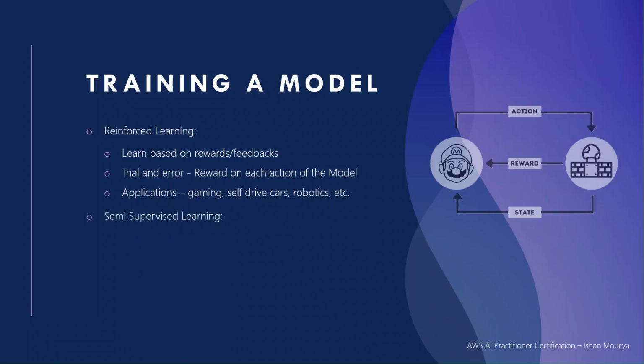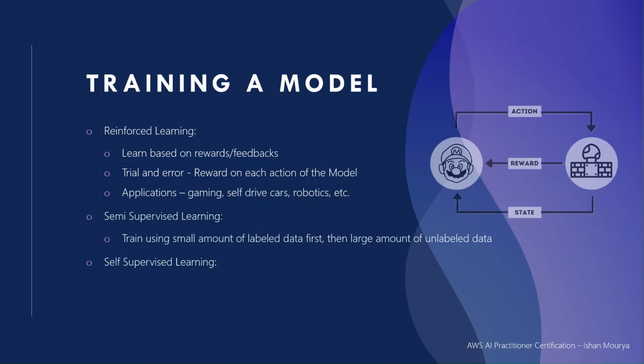Now there are again these smaller concepts like semi-supervised learning. Semi-supervised learning is simply that first you train it with some labeled data, and then you train it with unlabeled data. So a small amount of labeled data you have to provide first, then you provide it with a large amount of unlabeled data.